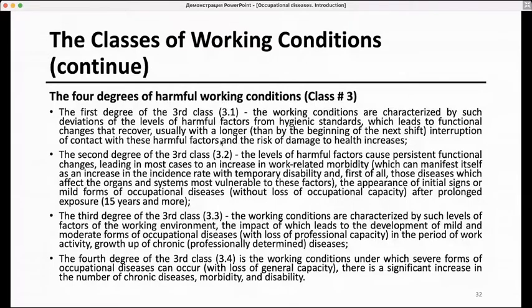And the fourth degree of the third class is the working conditions under which severe forms of occupational diseases can occur with loss of general capacity. There is a significant increase in the number of chronic diseases, morbidity, and disability in such employees.